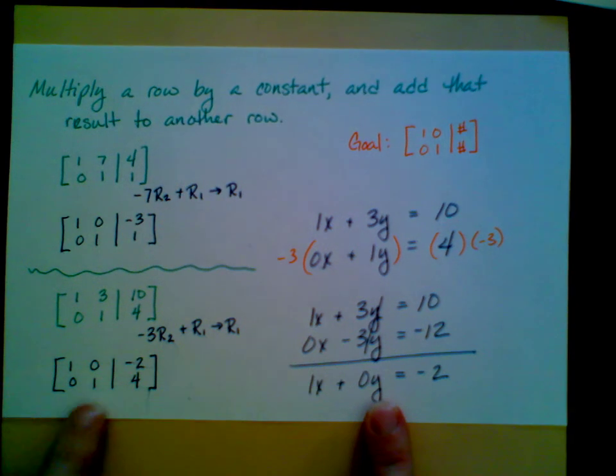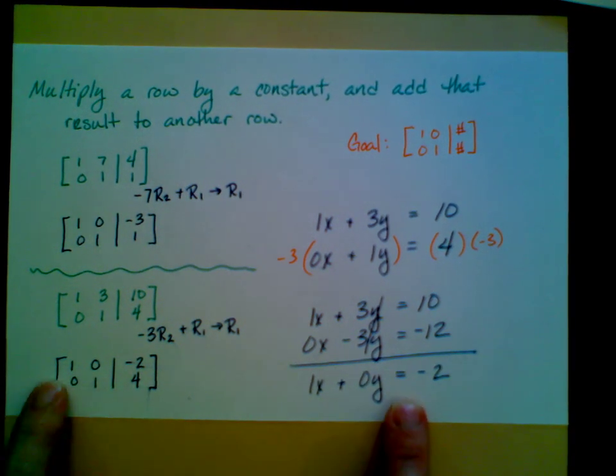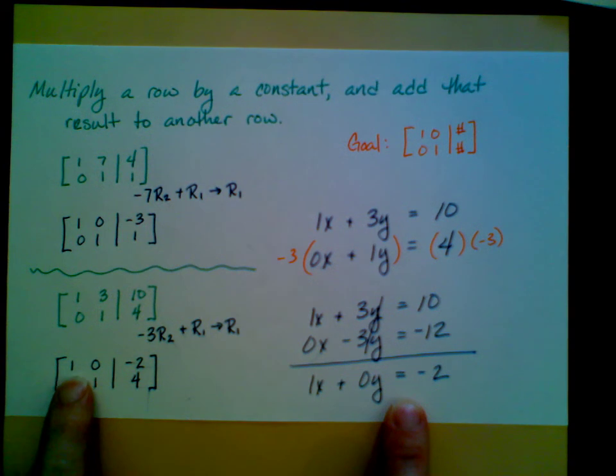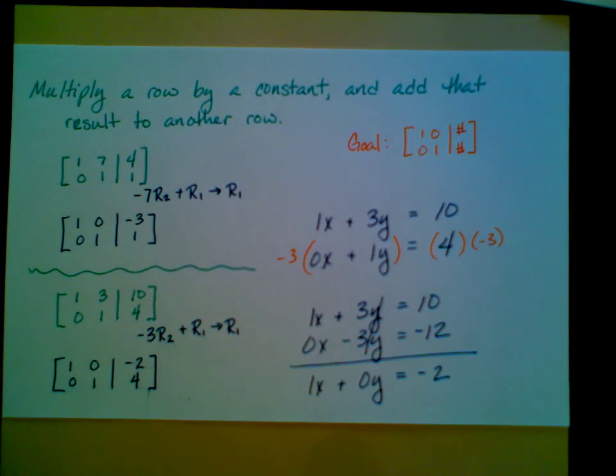And so notice that this process has given me the same result as my row operation did in the first row. Once you get used to these row operations, they're a much faster way of solving systems of equations.